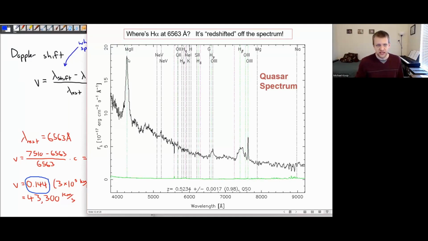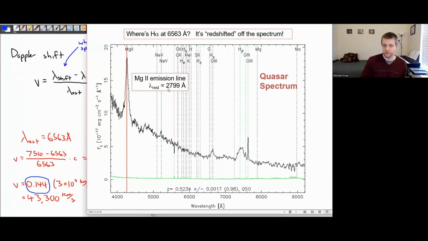But what we can see are some other spectral lines. This particular magnesium II line generally shows up in the ultraviolet part of the spectrum. But this object has been so redshifted that what was in the ultraviolet is now in the visible spectrum.